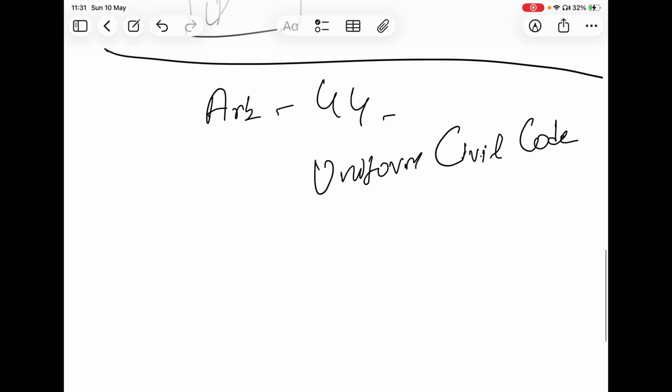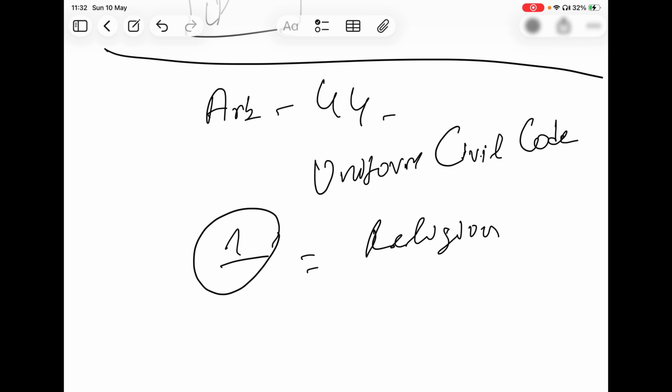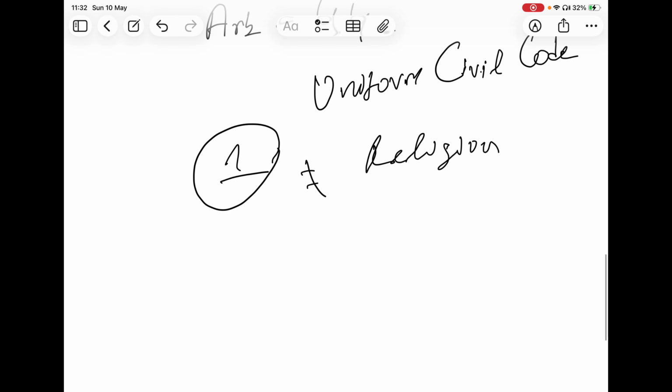In simple words, it says that there should be one common civil law for all citizens, irrespective of their religion, especially in matters like marriage, divorce, inheritance, and adoption.